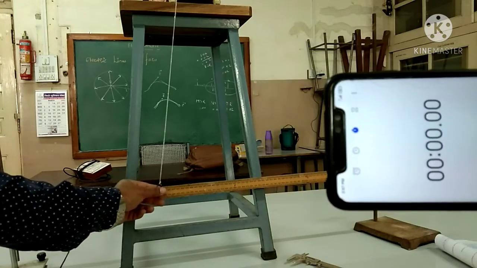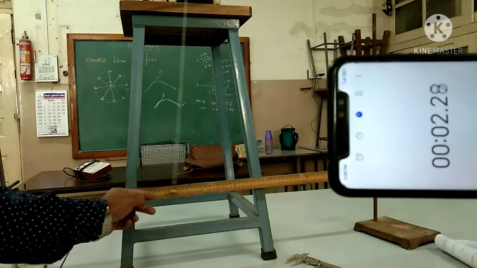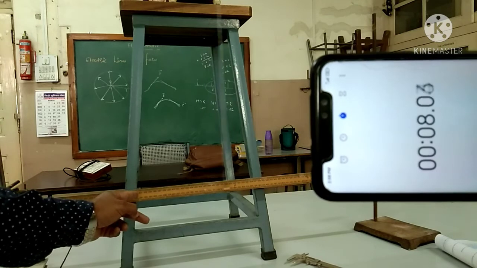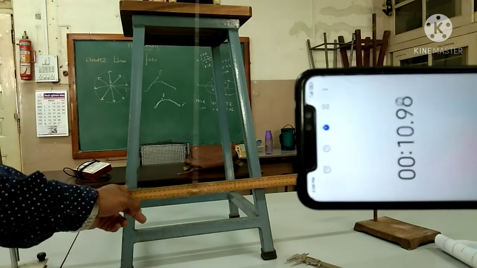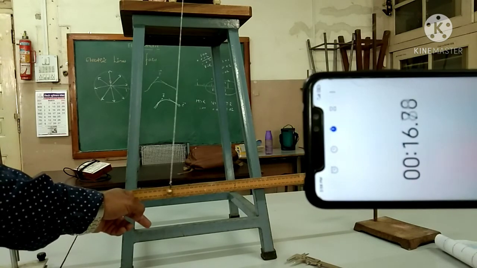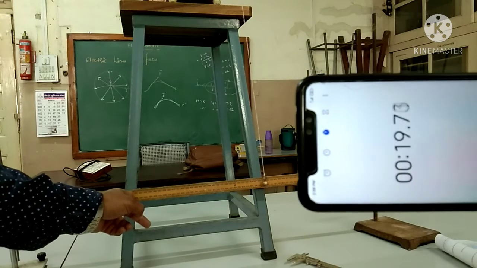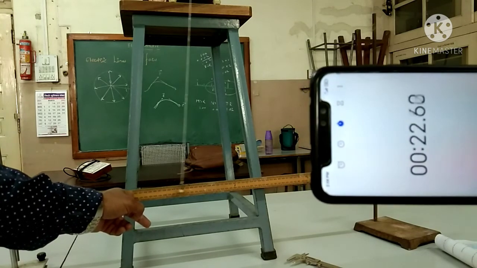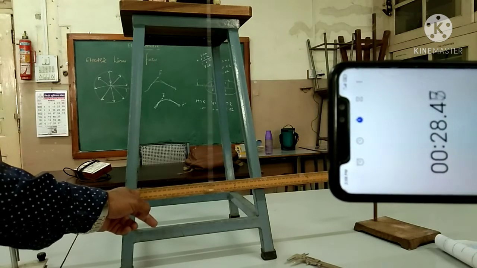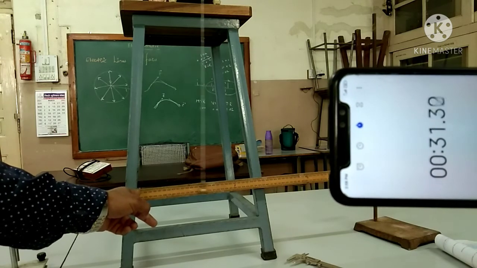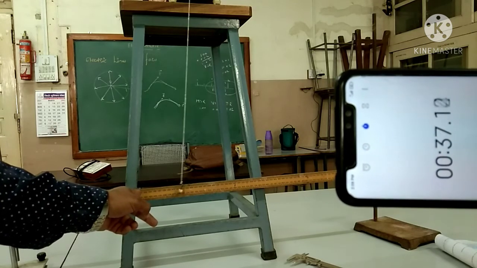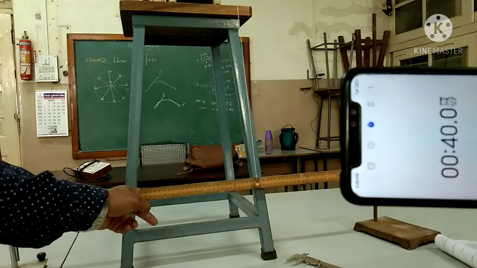Now we want to start. 1, 2, 3, 4, 5, 6, 7, 8, 9, 10, 11, 12, 13, 14, 15, 16, 17, 18, 19, and 20.